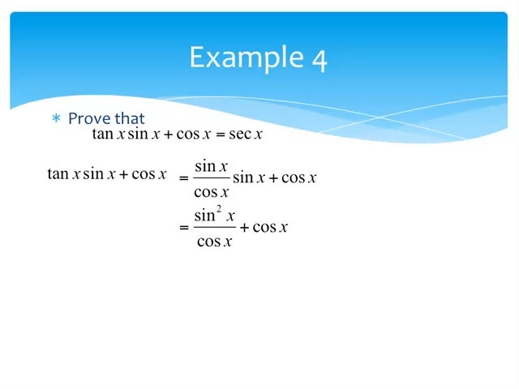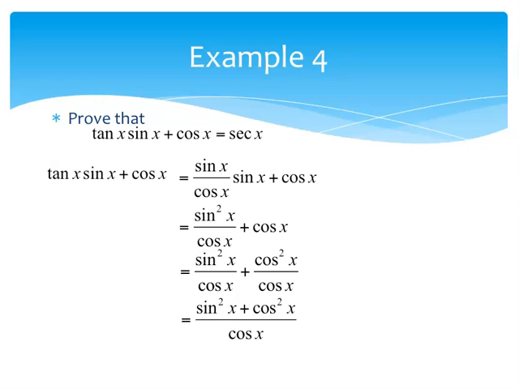Because we're adding two things together and one's a fraction, we need a common denominator. So in the second term, to get a common denominator, we have to multiply that second term by cosine over cosine. So we have sine squared over cosine plus cosine squared over cosine. Now we have a common denominator, so we can add the two fractions together. So now we have sine squared plus cosine squared all over cosine.